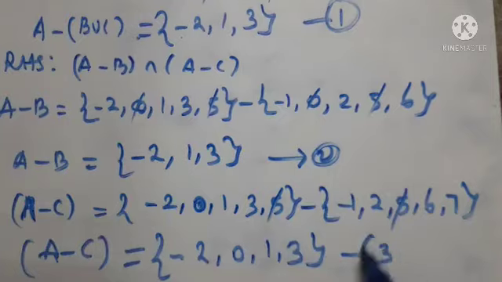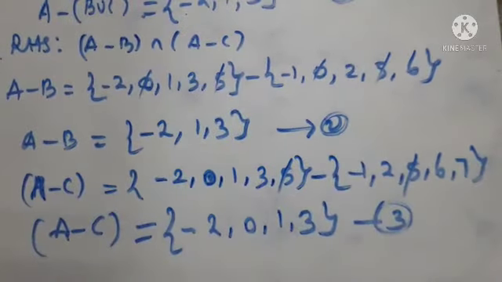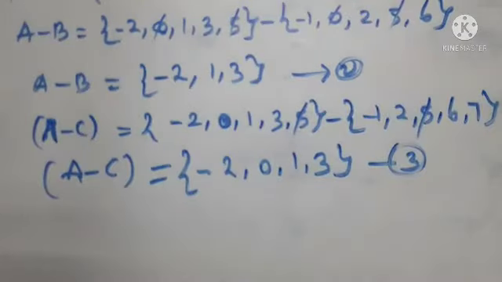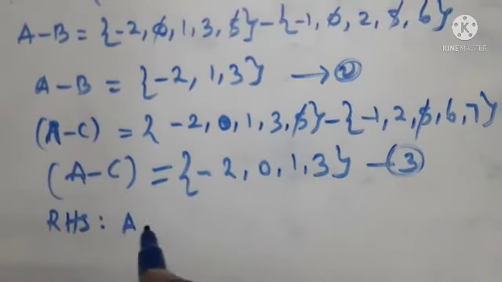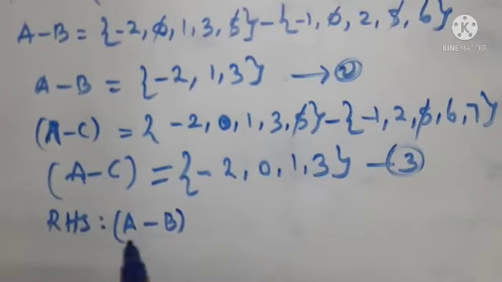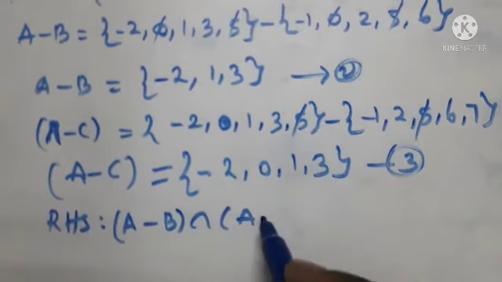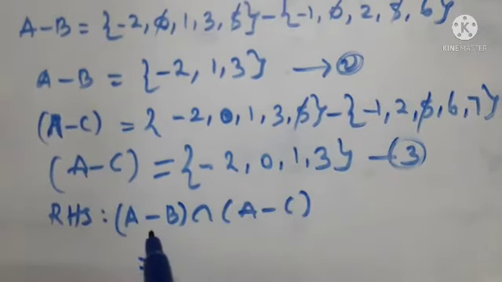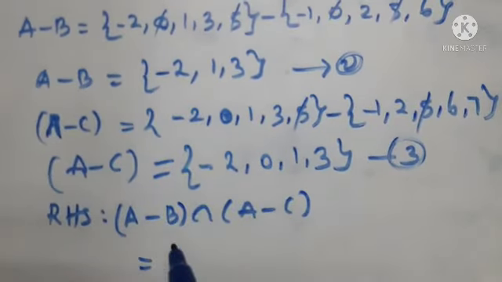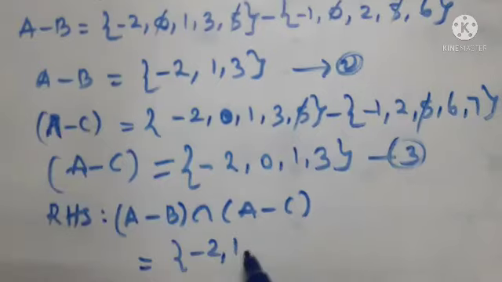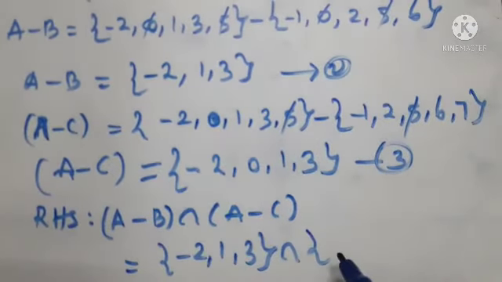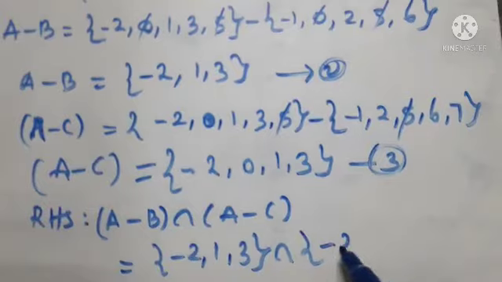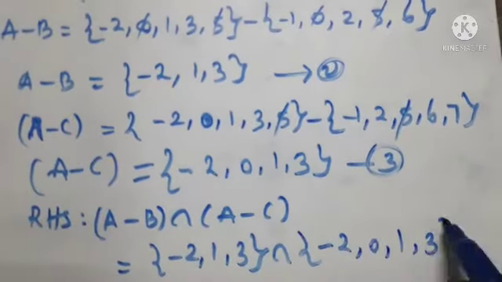This is equation 3. From 2 and 3, RHS is equal to (A − B) ∩ (A − C). Write the elements of A − B, {-2, 1, 3}, intersection the elements of A − C, {-2, 0, 1, 3}.